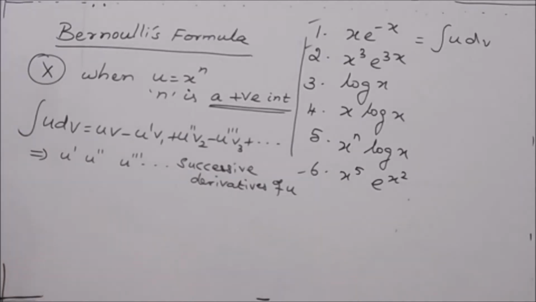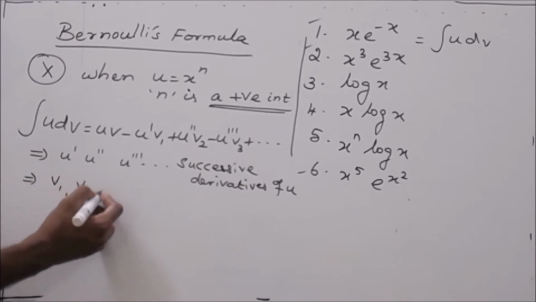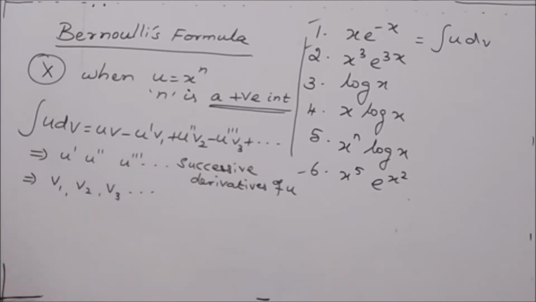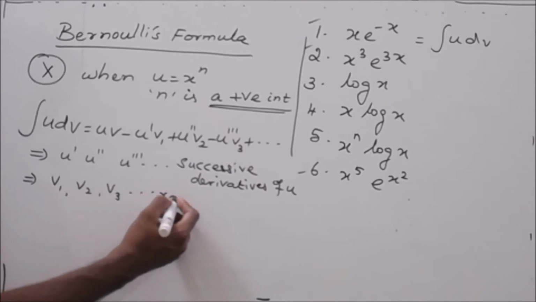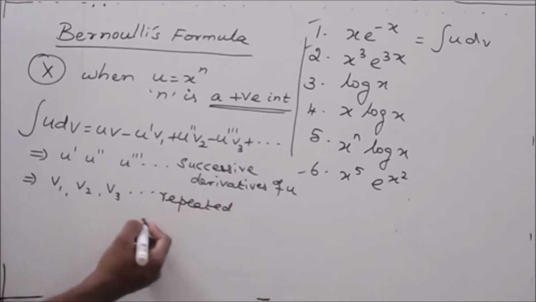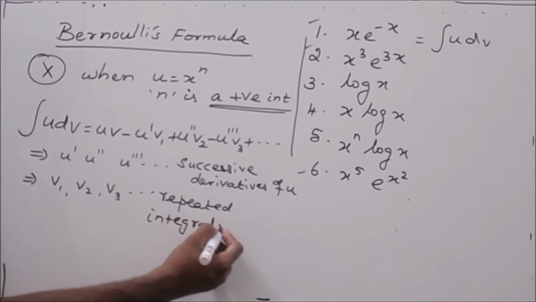And then v1, v2, v3 etc. represent the successive integral values, the repeated integral values of v.